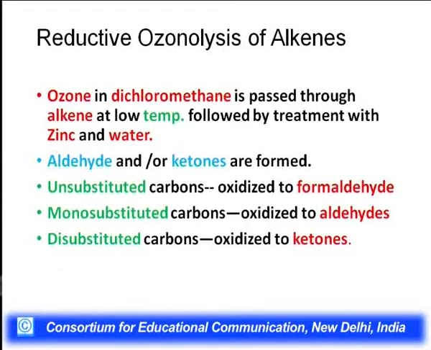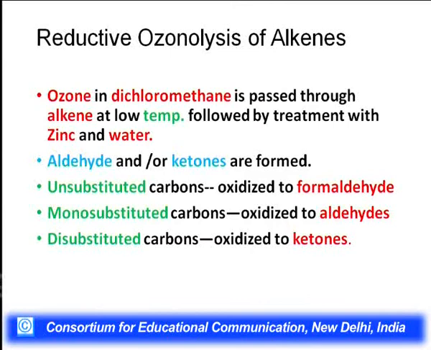Now the question arises, when will we get an aldehyde or a ketone? This depends on the structure of the alkene. If the carbon containing the double bond is unsubstituted, that is primary, then the double bond will be oxidized to formaldehyde.